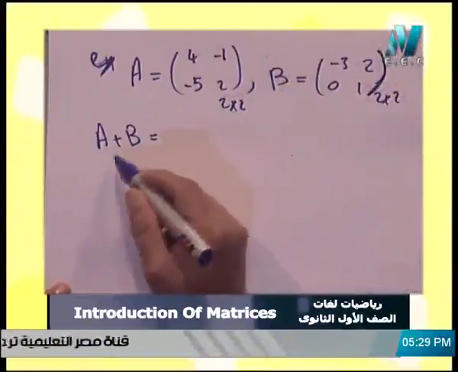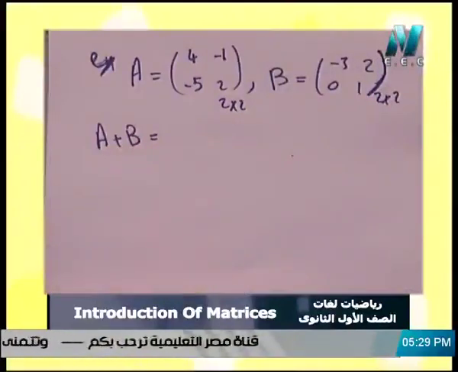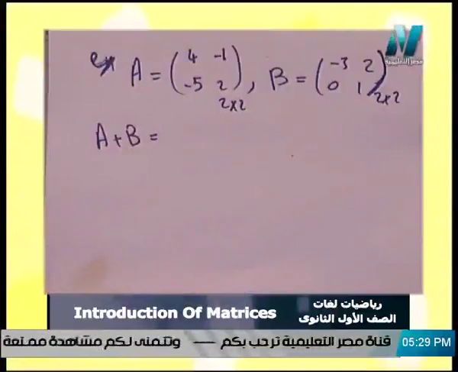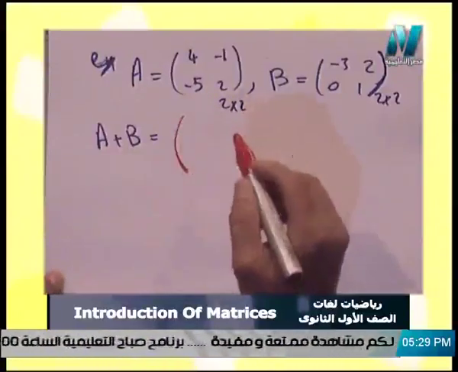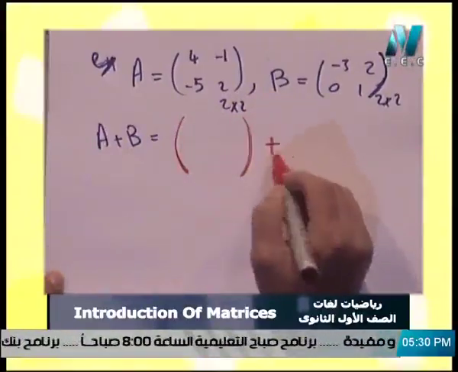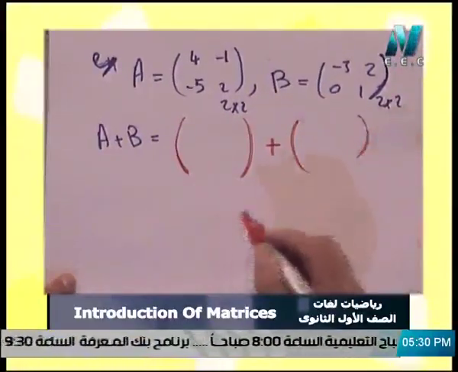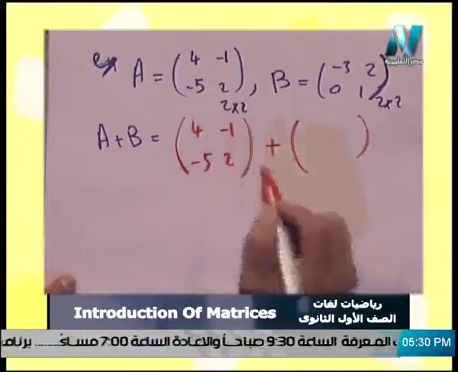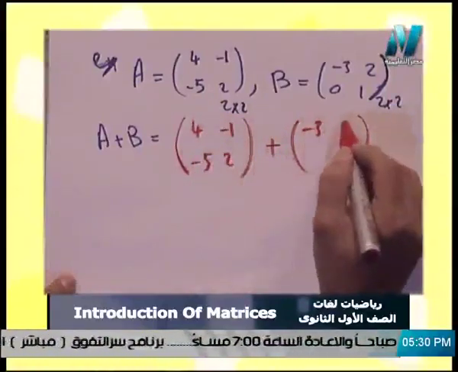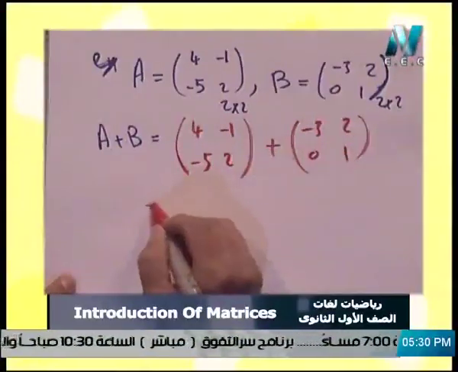To find the addition of A plus B, we write A like that and B like that. A, write it again: 4, -1, -5, and 2, and B: -3, 2, 0, and 1.